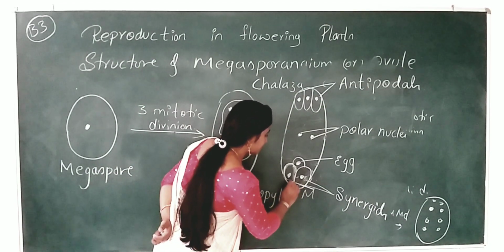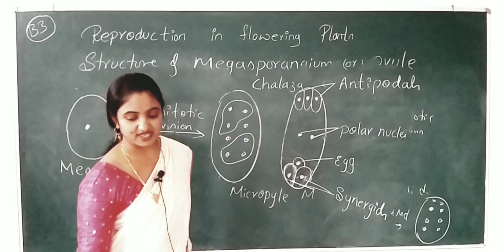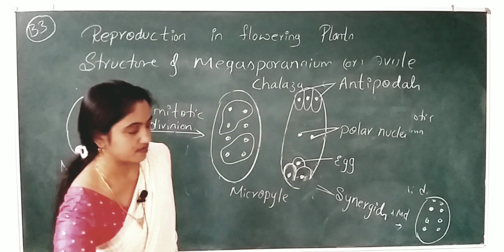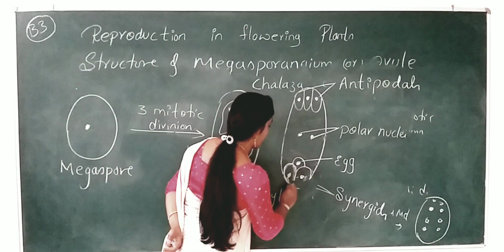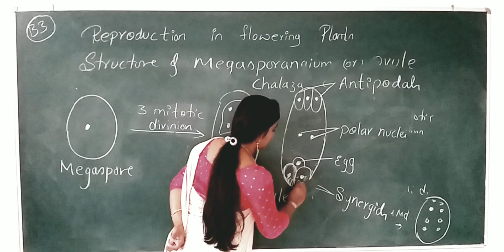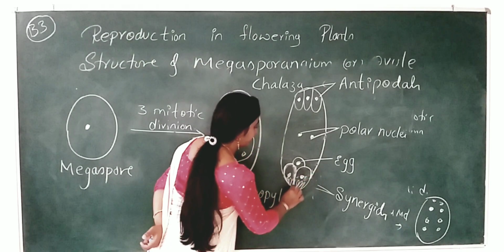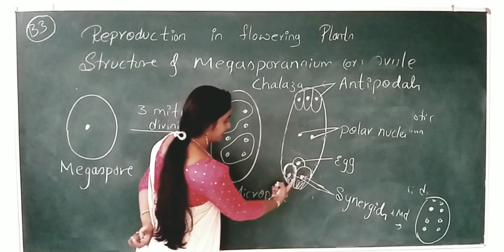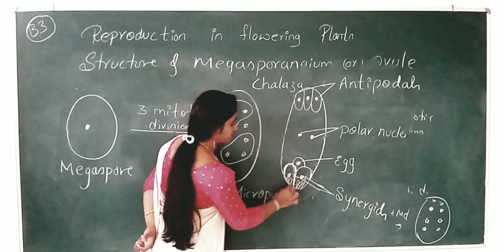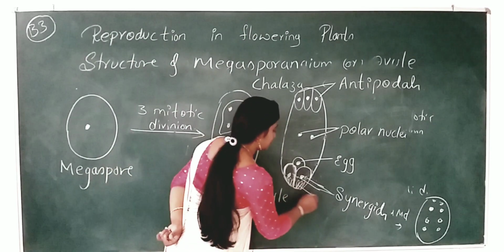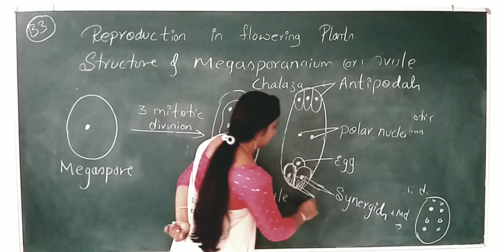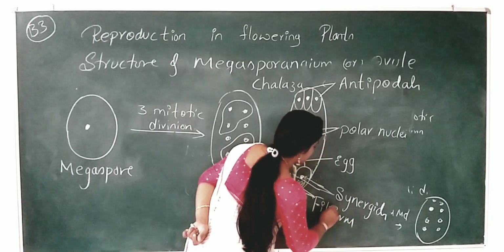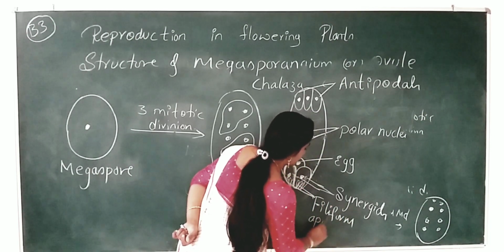Now, this is the synergids. Here a special structure is present near the synergid cell. Let me draw that also. A special apparatus, you can call it. It will be there in the synergids. At the end of the synergids, there are finger-like projections. This special part is known as the filiform apparatus.